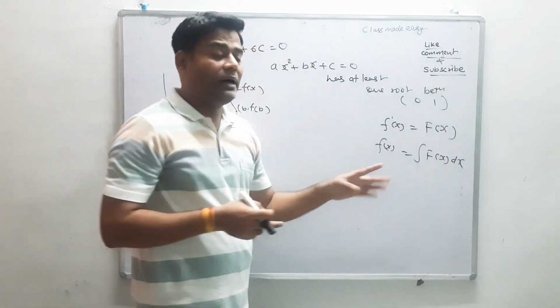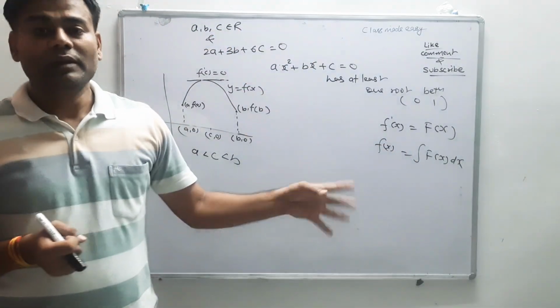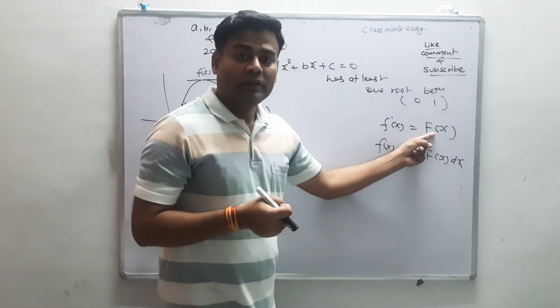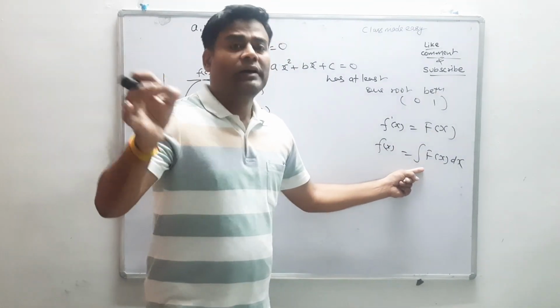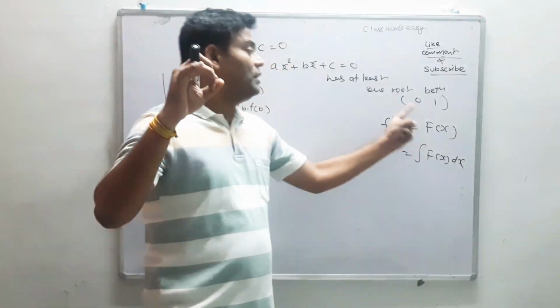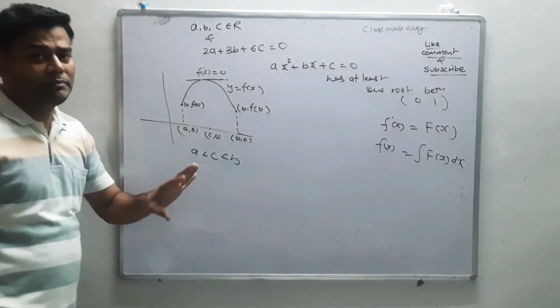So by the converse we can say if any function has a root, then its integral will give the same answers on a and b. So the function has at least one root between a and b. That is the converse of Rolle's theorem.